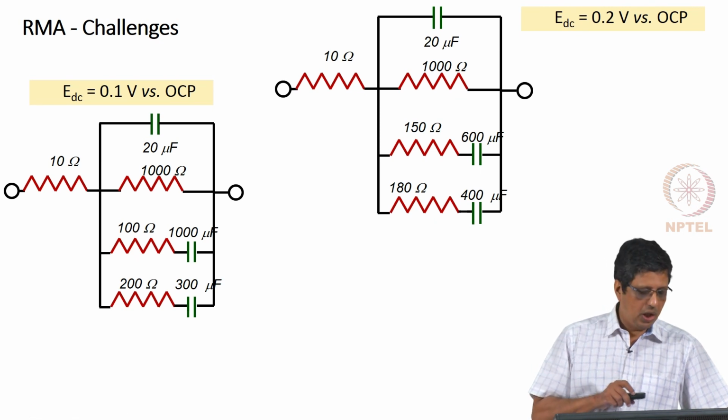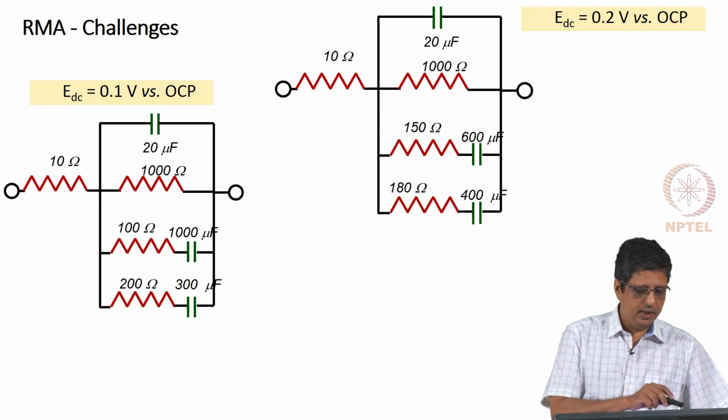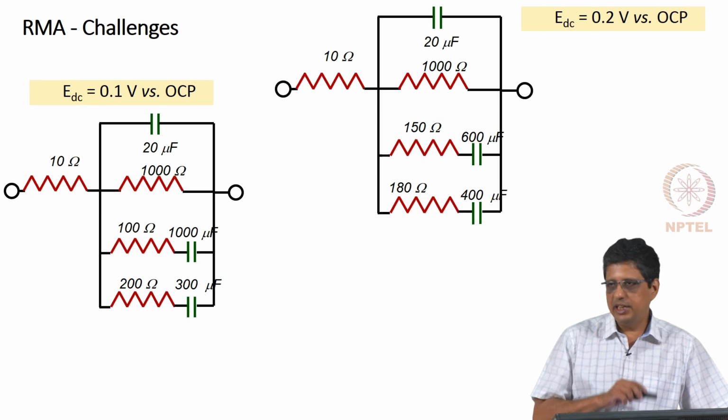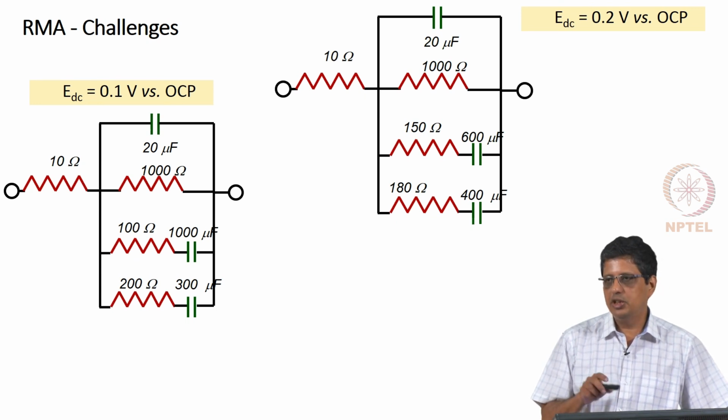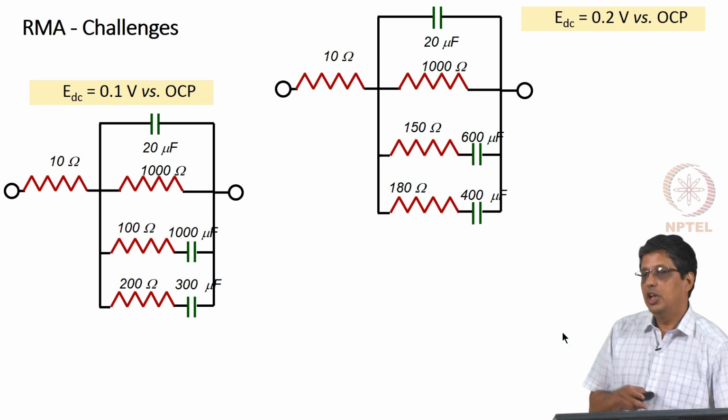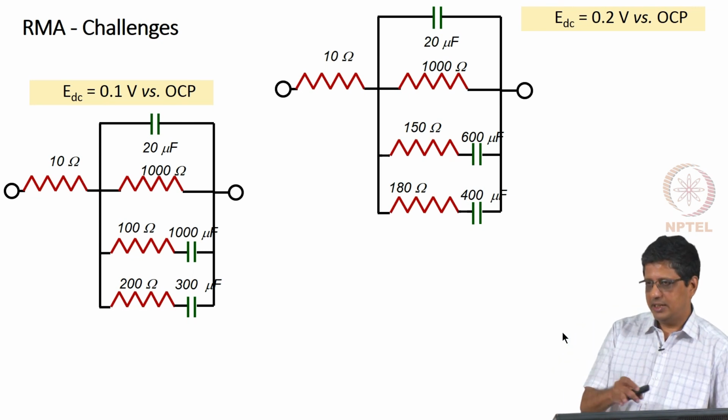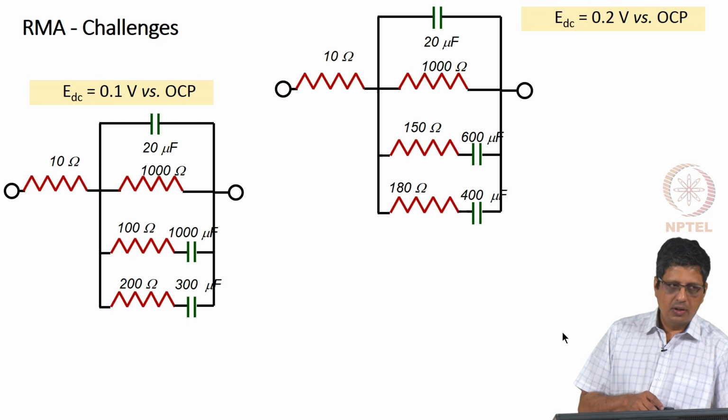Now, I have to describe this as R solution, CDL, RP, R1 C1, R2 C2. On the right side, I will do something similar, except I will say R1 prime, C1 prime, R2 prime, C2 prime, because these correspond to different potentials. We have seen a similar example before; I have just taken the circuit and put it here.